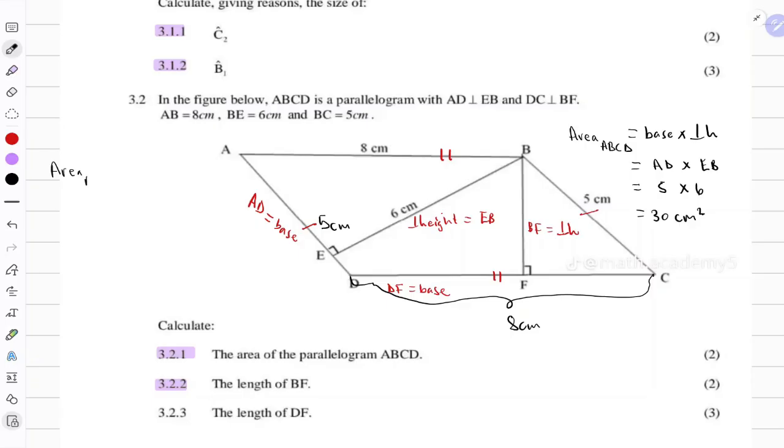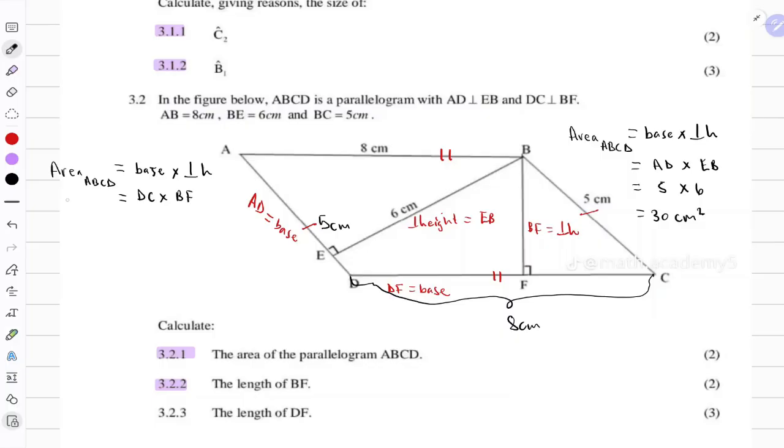of ABCD, which we just found to be 30 square centimeters, is equal to the base times the perpendicular height, right? So the base in this case is DC times the perpendicular height, which is BF.